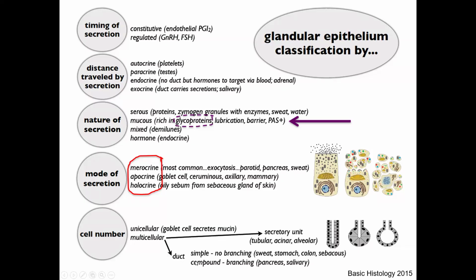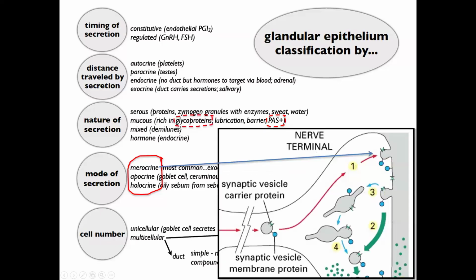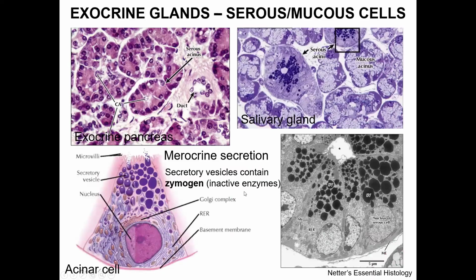They can be simple or compound glands based on the ducts that they possess. They may be simple, where there is one single duct that carries the secretion to the destination, or compound, where the ducts branch.